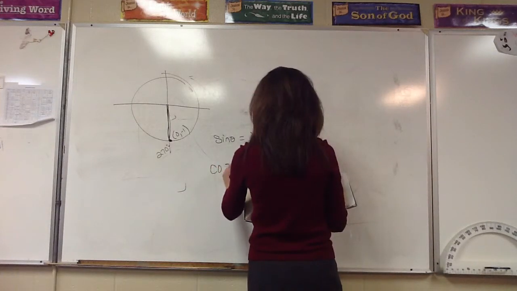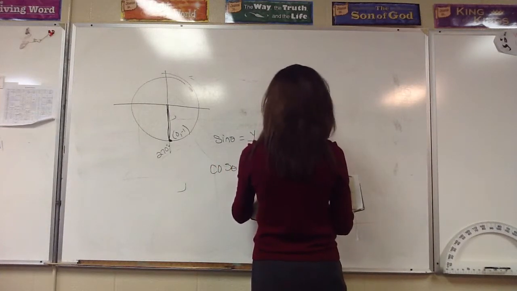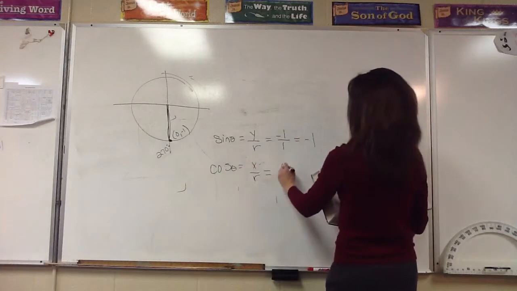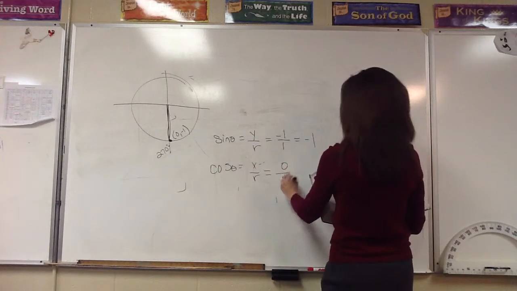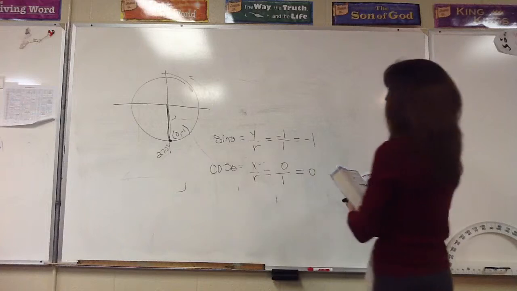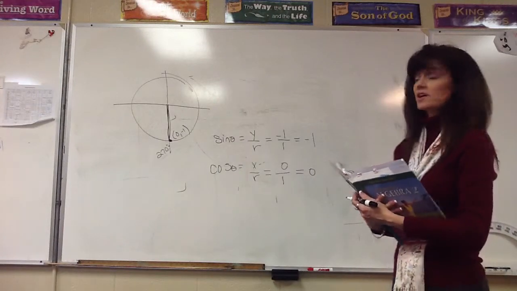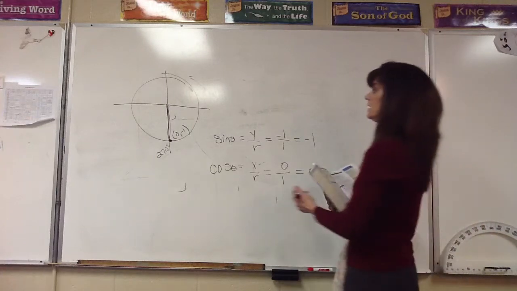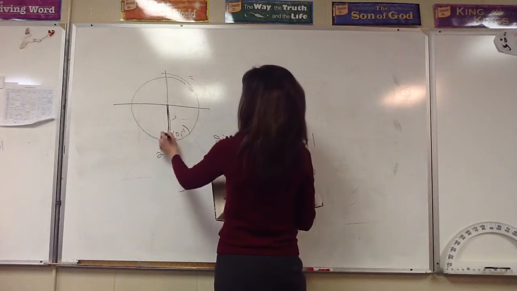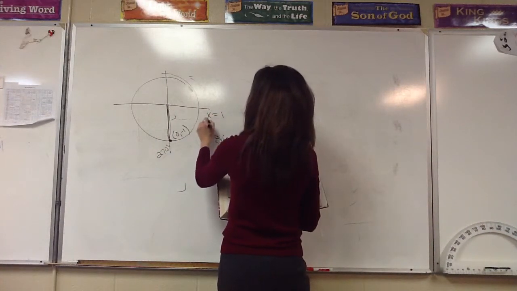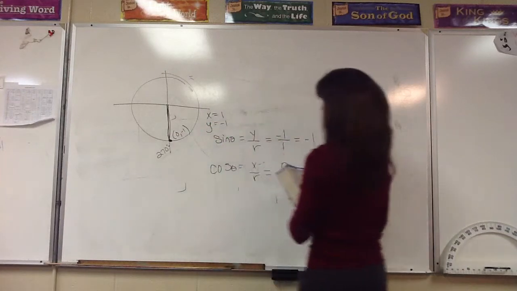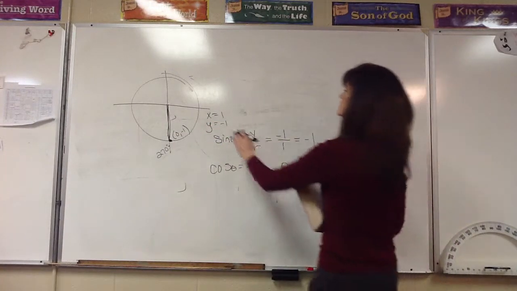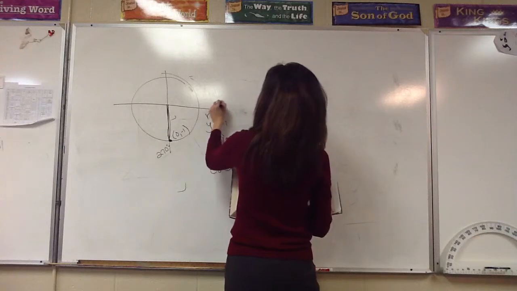Cosine of theta is equal to x over r. x is 0, radius is 1, so cosine would be equal to 0, because our radius will always be equal to 1. Excuse me, radius equals 1, x equals 0.